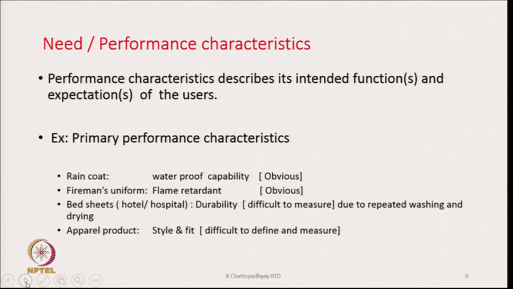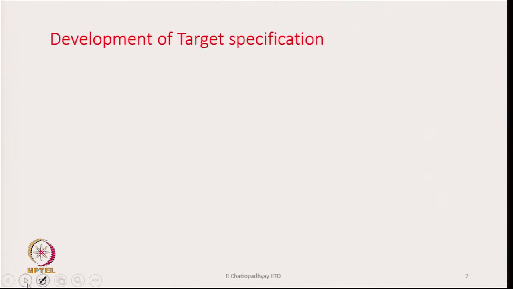The style is very difficult to measure. The pride in owning something is very difficult to measure. The fit to some extent is still measurable. So, anyway, these are some examples of performance characteristics or most important needs of some products.